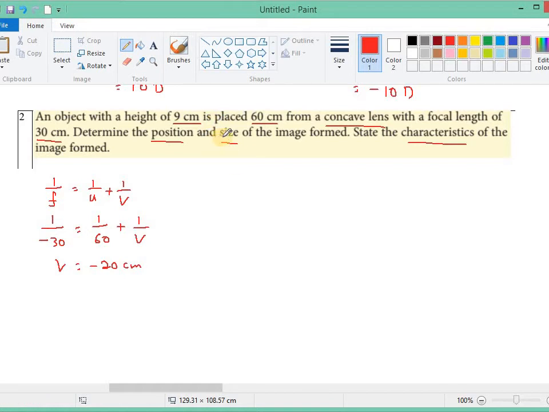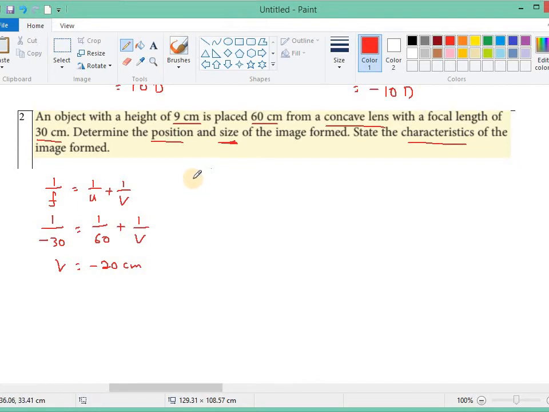Alright, so the characteristic of the image. Wait, we calculate the magnification first. Here it doesn't ask for the linear magnification, but we need to calculate the size of the image.